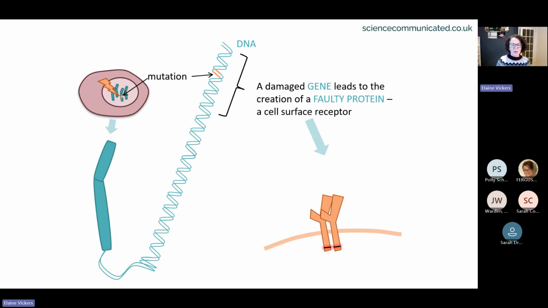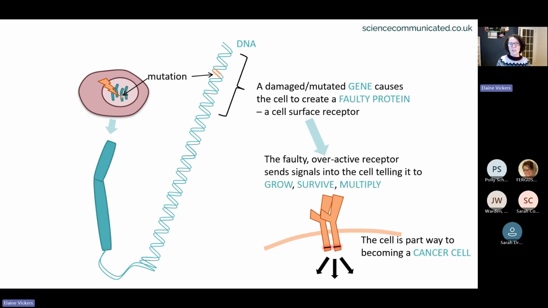And I'm imagining here that the damaged gene is the gene for making a cell surface receptor protein, and that when that cell surface receptor protein is damaged, that causes the cell surface receptor to continually send signals into the cell, telling it to grow and survive and multiply, and that cell is now part way to becoming a cancer cell.